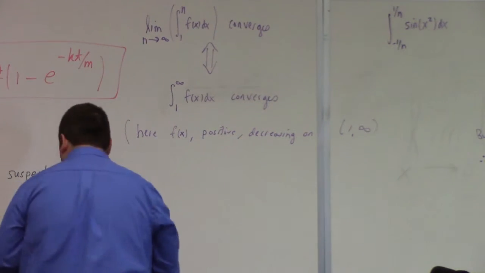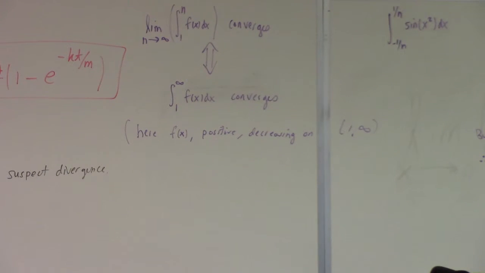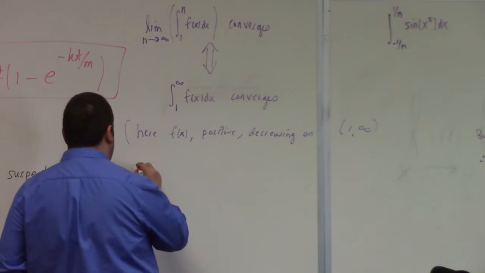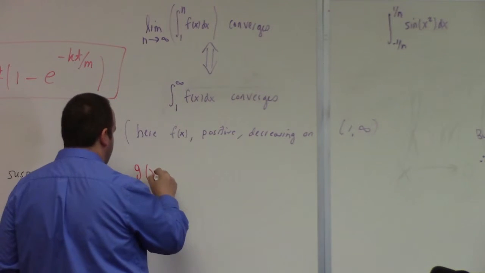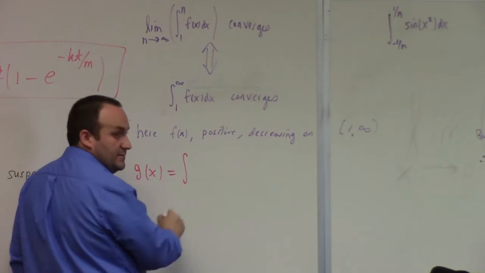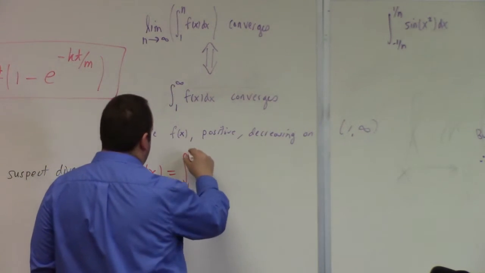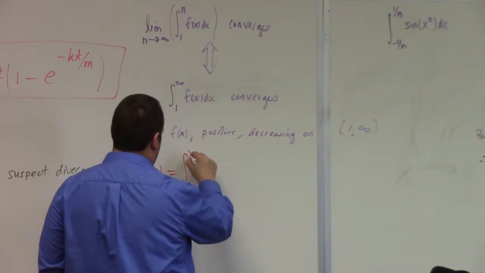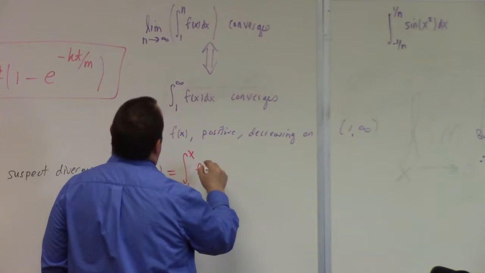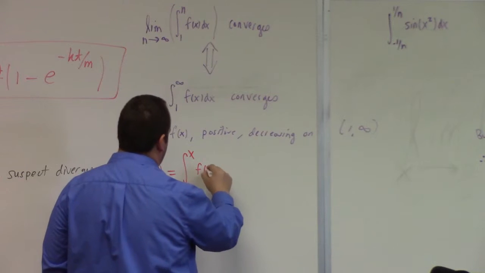So, for me, the way I think about this is I look at another function, say g of x. How do I define g of x? g of x is the integral from 1 to x of f of t dt.